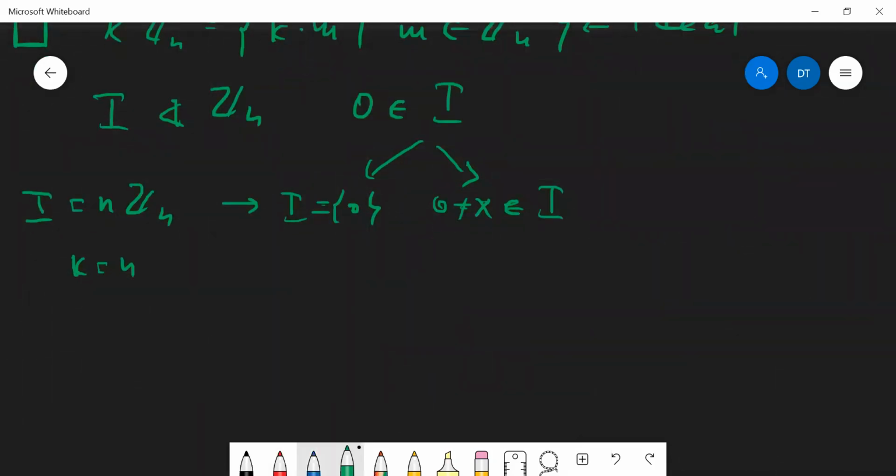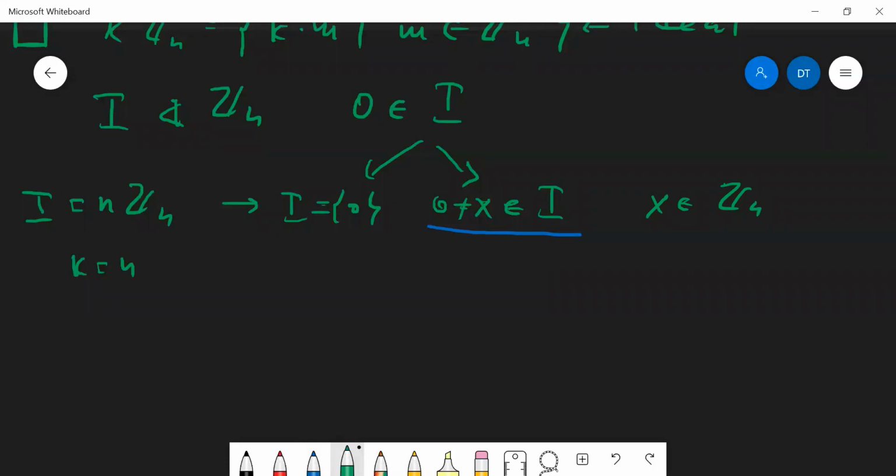So now we want to consider the other case. Again, x is an element from Zn, so it's a remainder, an element from 0 to n minus 1. It's non-negative, and actually positive since it's not 0.